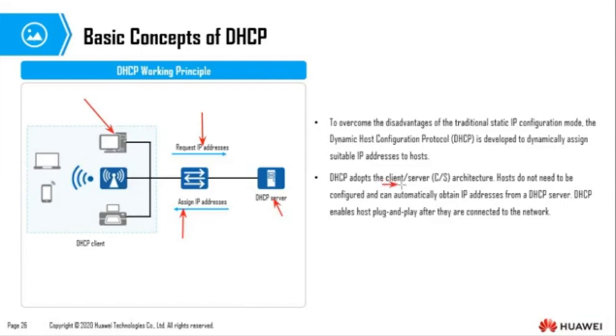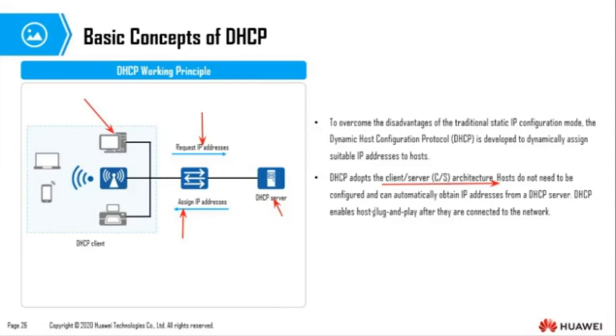So DHCP, just like the other protocols we've looked at, adopts the client-server architecture. So whoever is requesting the IP address, the hosts are the clients, but you'll have a workstation in your network that you'll configure as a DHCP server, so that it can assign IP addresses to your clients.